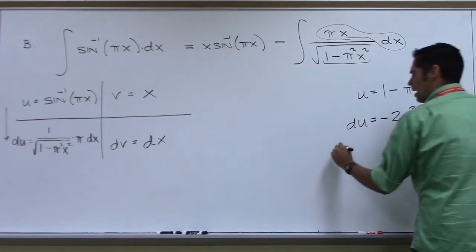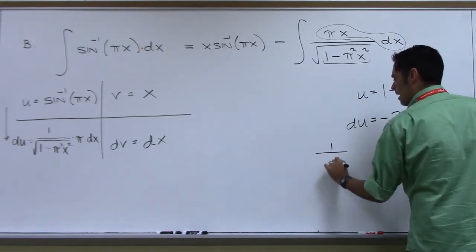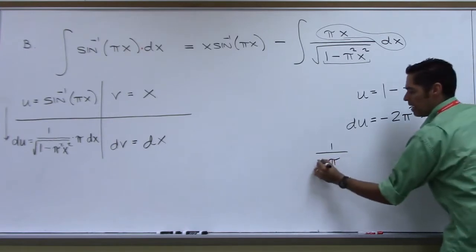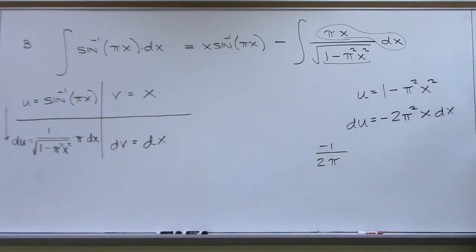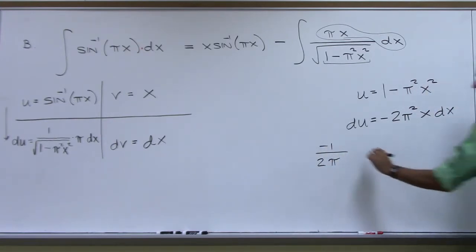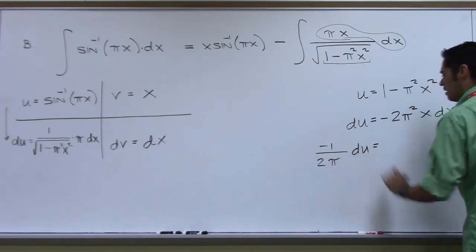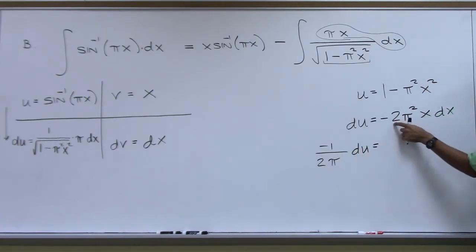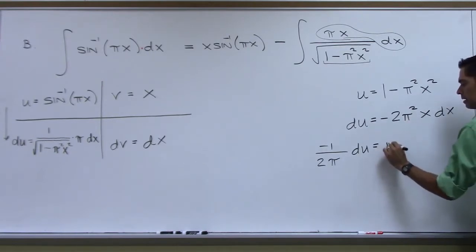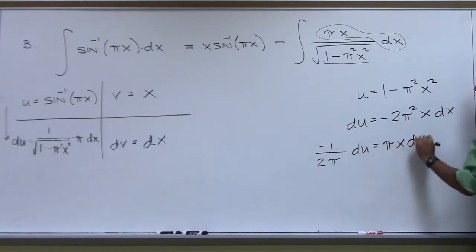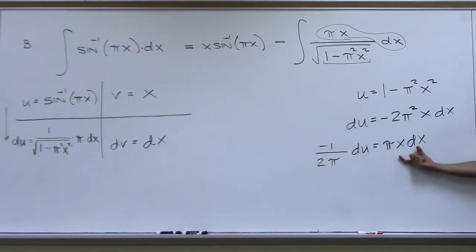Divide both sides by pi and 2 and negative. There. If I do that, then I divided by negative 2, it's gone. Divide that by pi, it's just pi x dx. And this matches exactly with what we have up there, isn't it?